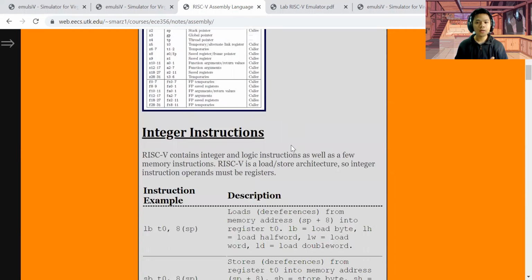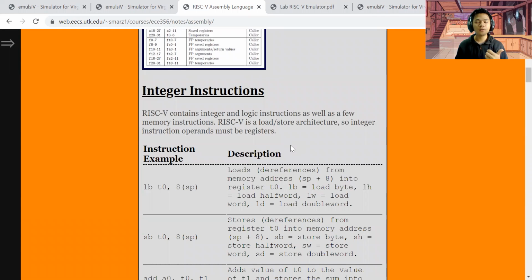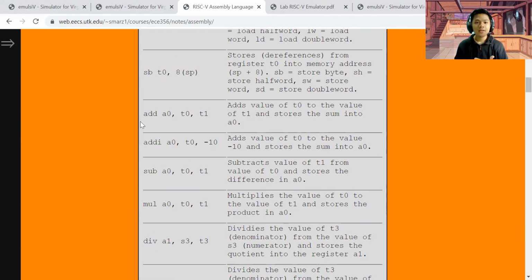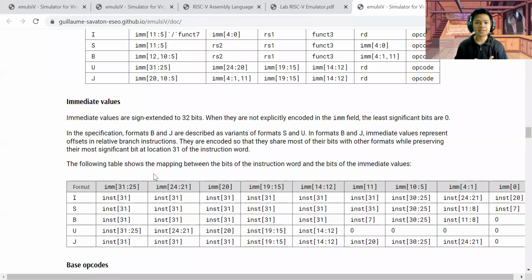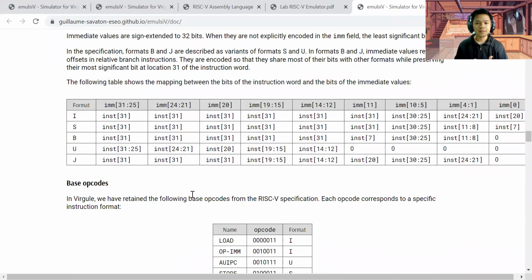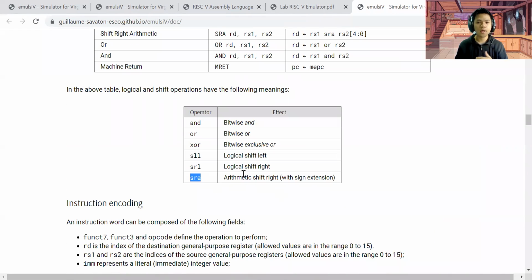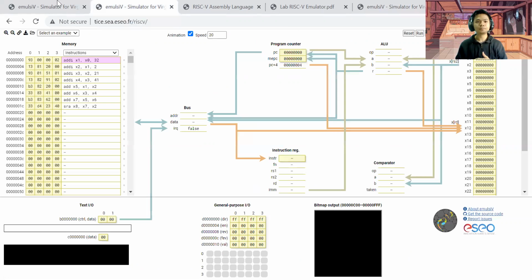And also, since I'm looking to find an average of numbers, the instructions that I'll be using for this lab are ADDI, ADD, and also SRA. It's here, where SRA is used for arithmetic shift right with sign extension.